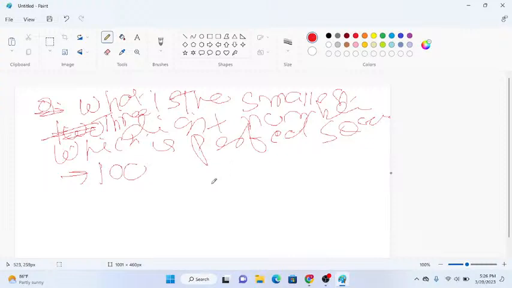Now we have to check whether it is a perfect square or not. Yes, this is a perfect square. Our answer is directly 100. No need to add anything because it is already a perfect square. If the question is what is the smallest three-digit number which is a perfect square, then our correct answer is 100 because this is already a perfect square.